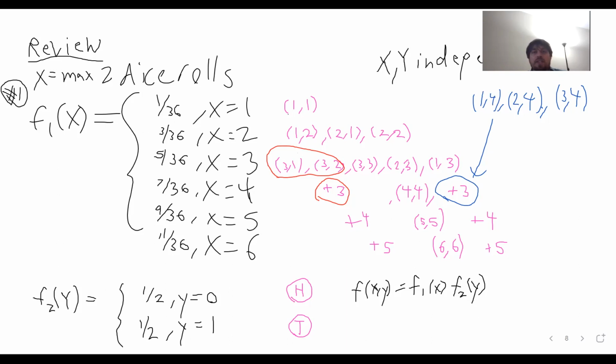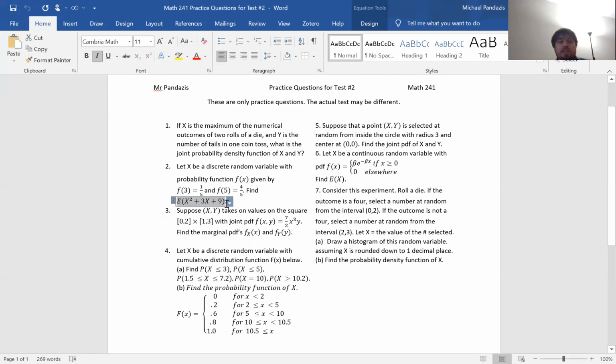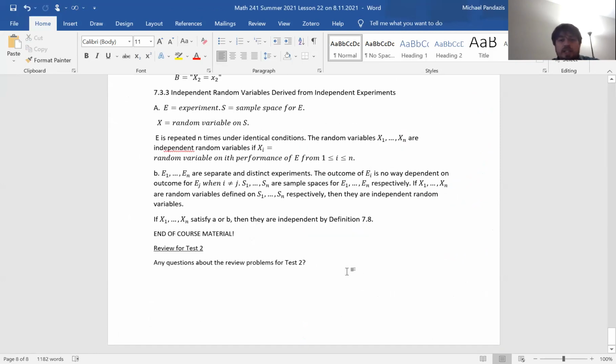Okay, so then that is that one. For number 2, we want to find this expected value. And you're given that the probability x equals 3 is 1/5 and probability x equals 5 is 4/5. You want to find that. So we go to here.